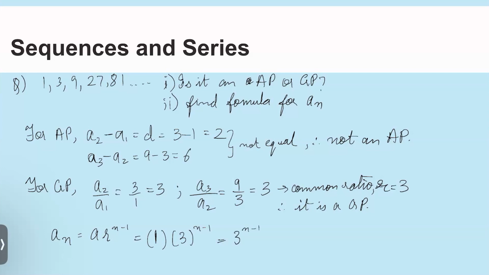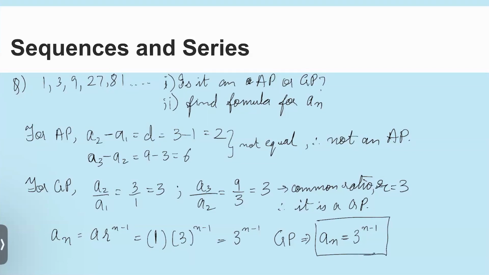So we can understand that this GP is nothing but the set of all the powers of 3. Okay, so this is what we get. An is equal to 3 raised to n minus 1. So this is your general formula.